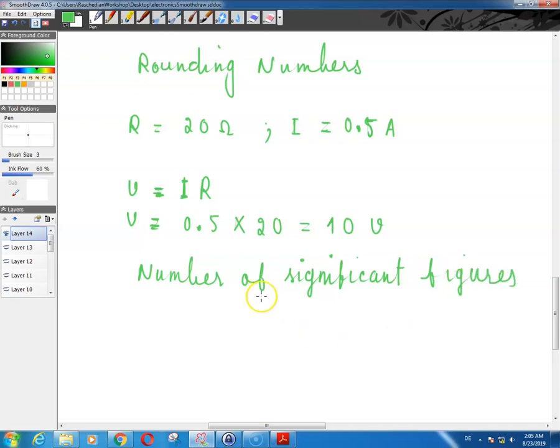When you're doing addition and subtraction, you have to deal with the significant figures in a particular way. When you're doing multiplication and division, you have to deal with them in another way, and so on and so forth.